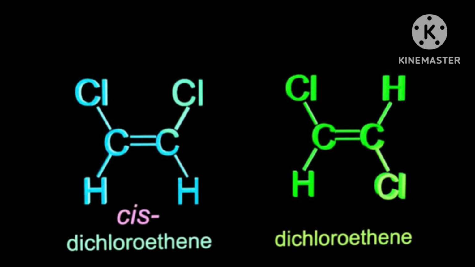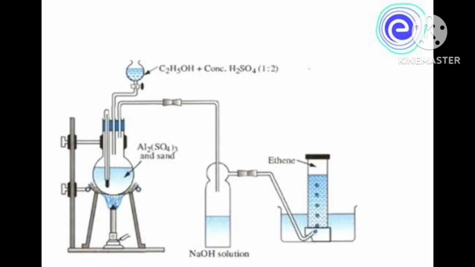Suppose a carbon-carbon double bond is there, and in the place of two hydrogens, now suppose two groups are attached, xy, and the other carbon also xy. Then this structure can give two types of isomers.